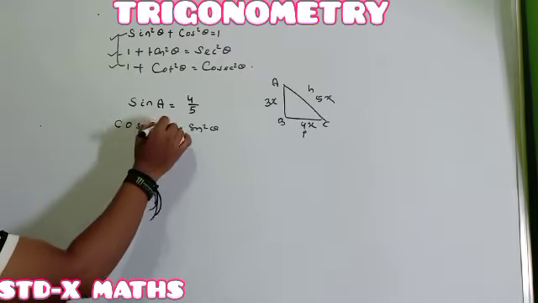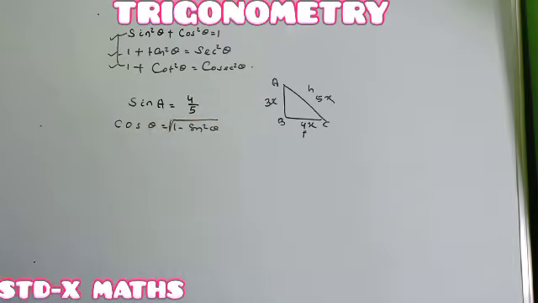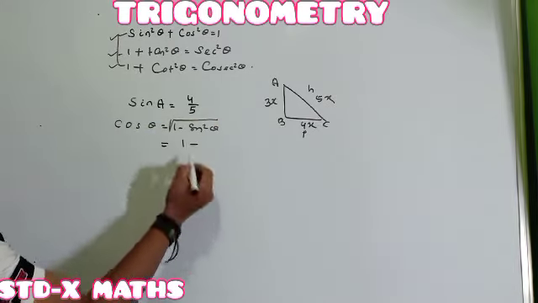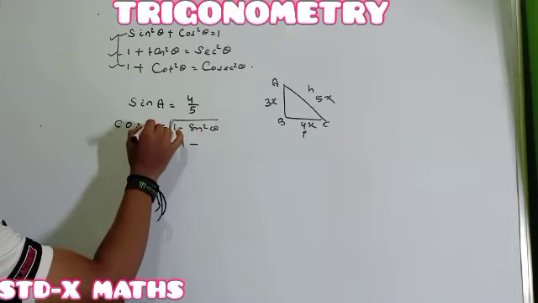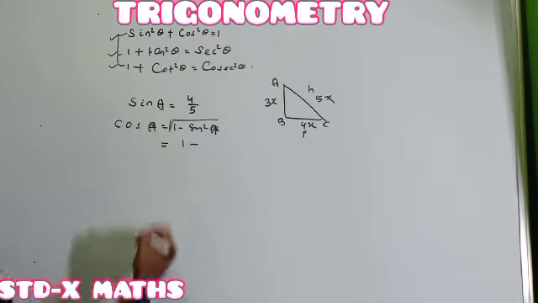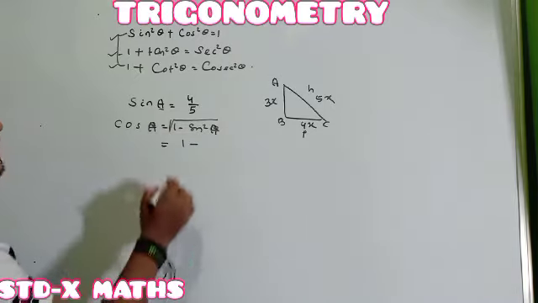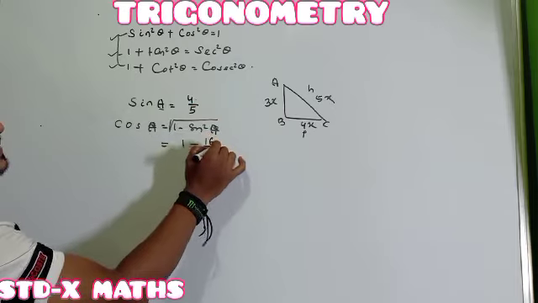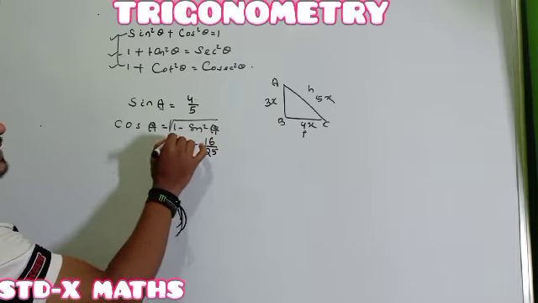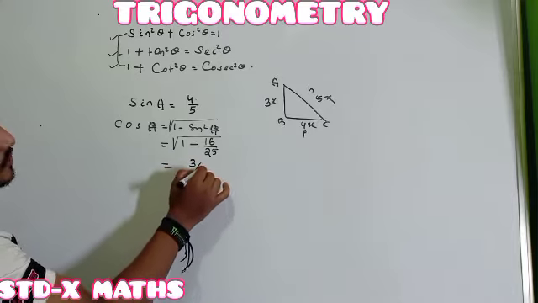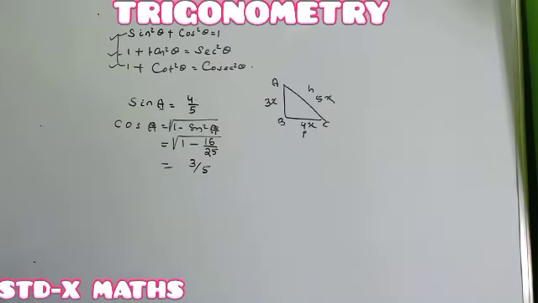It means cos theta will be the root of 1 minus sine square theta. So one can write directly root of 1 minus sine square A, here it is A, so these two also I am writing as A. Here sine square A means 4 by 5 square, directly writing 16 divided by 25, its root. On cancelling, directly I can find this one will be 3 by 5.